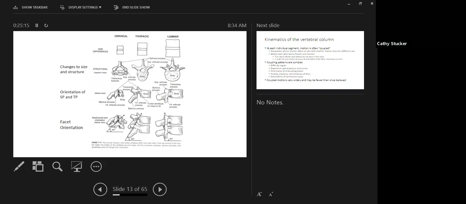So if I were to hand out a vertebral body to you right now, you should be able to go, oh yeah, that's thoracic. Oh yeah, that's lumbar, just by looking at the shape and the design of it. The orientation of the spinous processes and transverse processes, that's good to know.